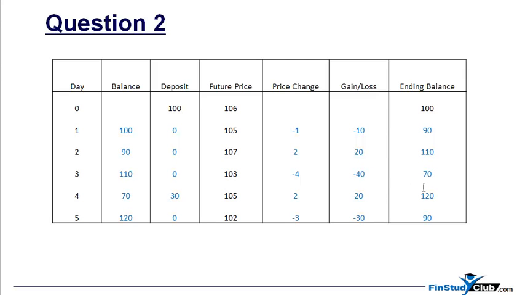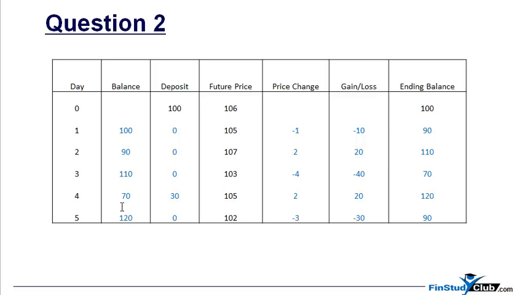Now this $70 would result in breaching of the maintenance margin level, which should be $80, right? 10 contracts, $8 for each contract, so $80 should be the minimum amount of money at any point of time, and hence $70 would mean the violation of the maintenance margin level, and it would trigger a margin call, and the concerned person would be asked to deposit, to replenish the margin account to the extent of the initial margin requirement.